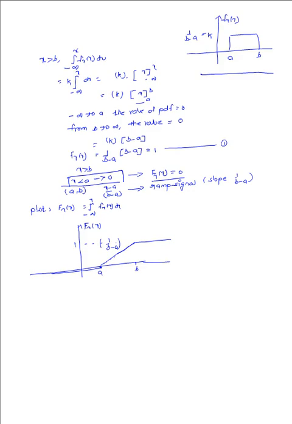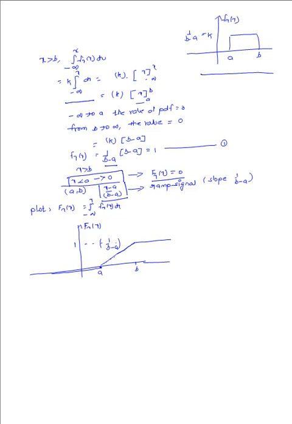But for x greater than a and less than b, it follows that the integral from minus infinity to x of f_X(x) dx, where f_X(x) takes the value k, which we obtained earlier as 1 by b minus a, and whenever we integrate dx we get x, and that integration is from minus infinity to x. So finally we get the value x minus a divided by b minus a for x between a and b. But for x greater than b, we are trying to evaluate the probability distribution function.